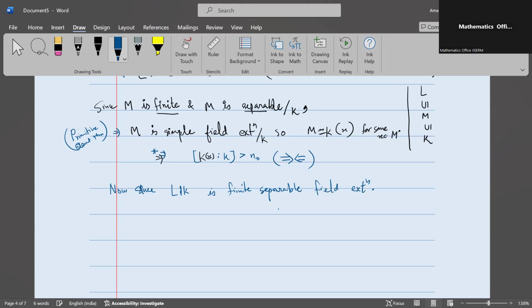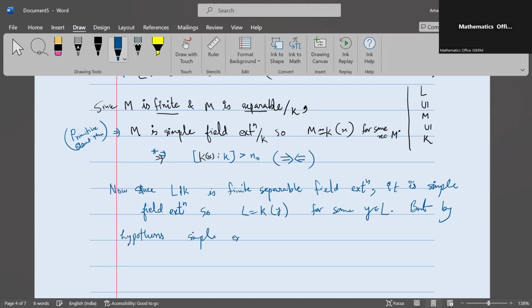It is a simple field extension. So L is equal to K(y) for some y belonging to L, and by hypothesis simple extensions are bounded by n naught. So this is proved.